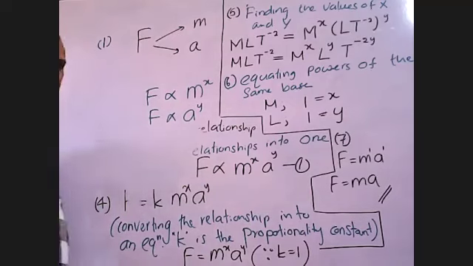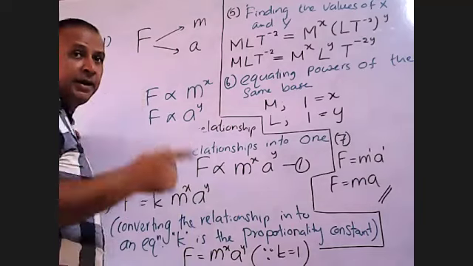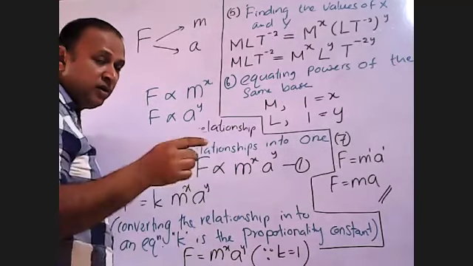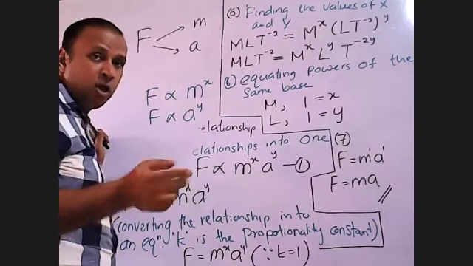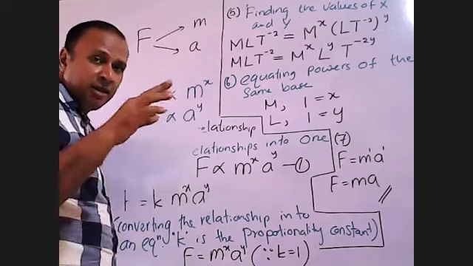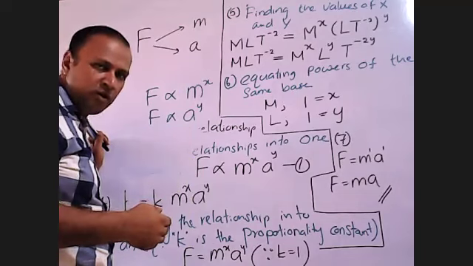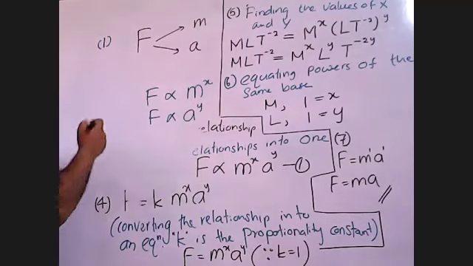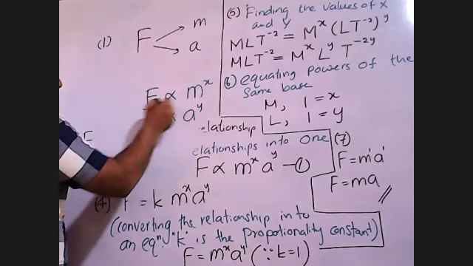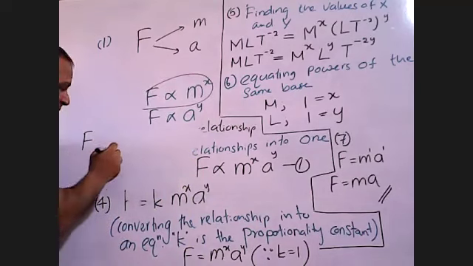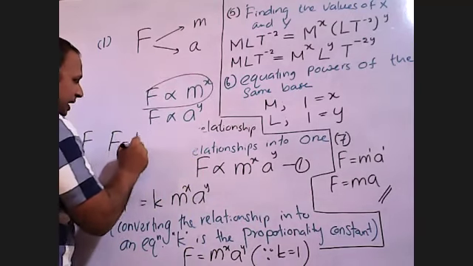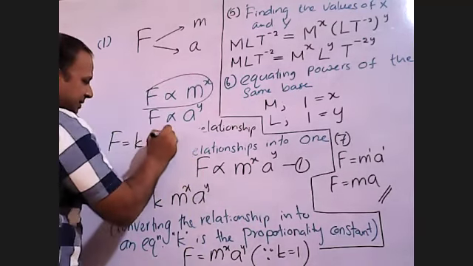Once you write a relationship and once you convert the relationship into an equation, there should be a constant. Suppose this one is converted into an equation, I have to write F is equal to k into m to the power x.